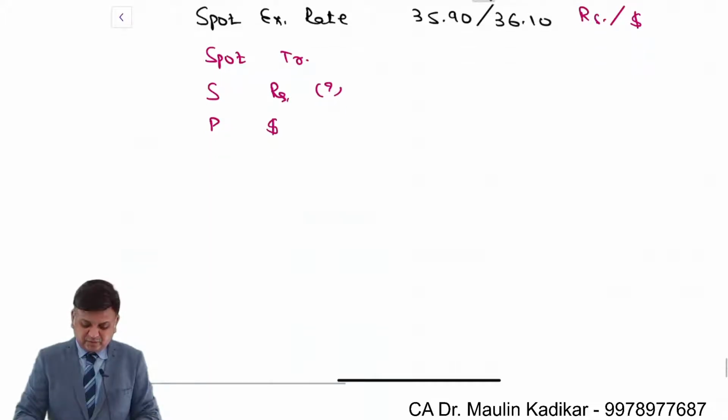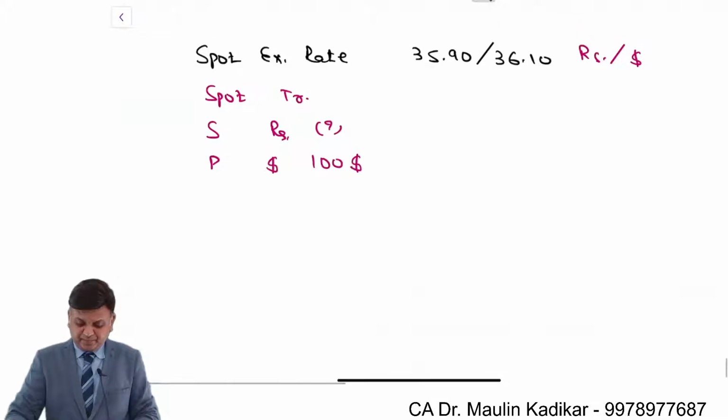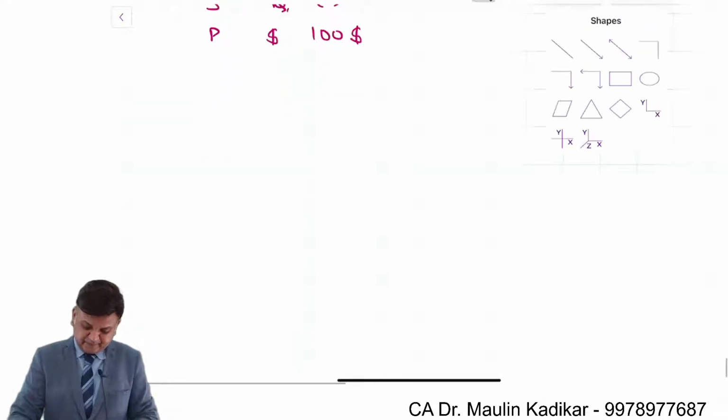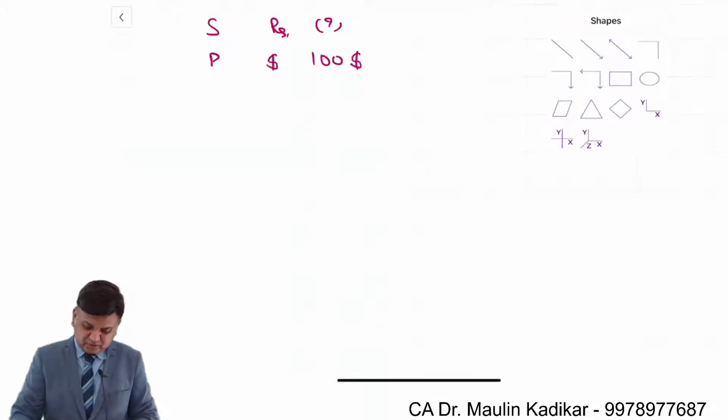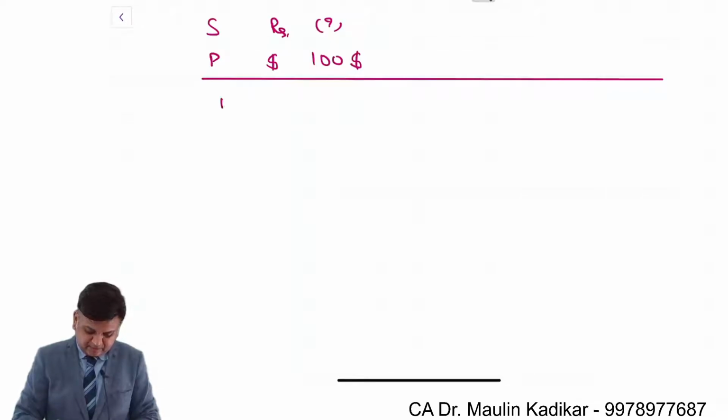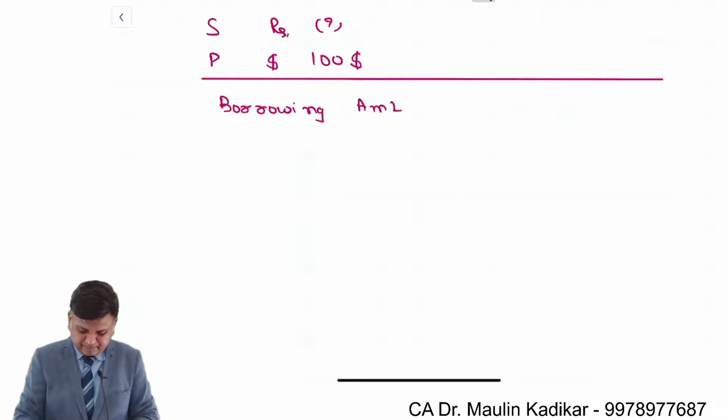This is the amount of the rupees to be sold for purchasing $100. So more amount of the rupees is required to be sold. So we understand that borrowing amount is rupees 3610, 36.1 into 100.